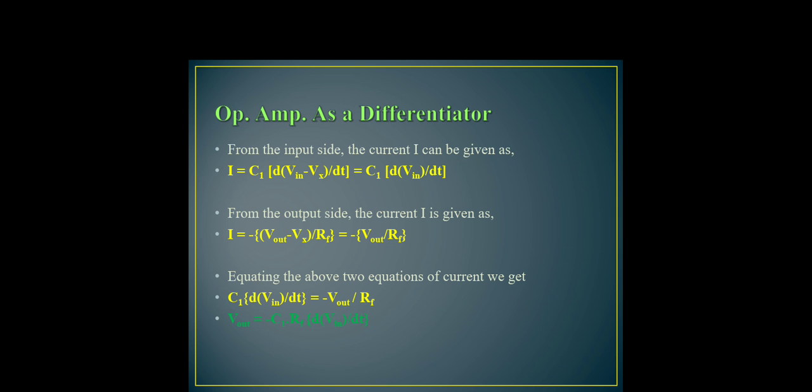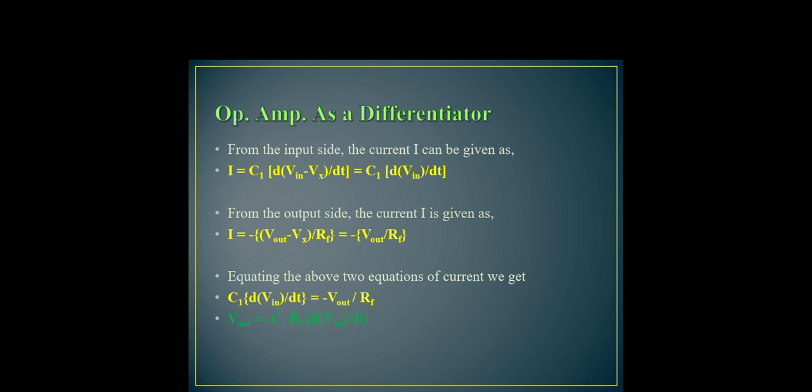Now let's equate the above two equations of current from the right-hand sides, and it becomes C1 dVin/dt = −Vout/Rf. Therefore, for the output voltage, we can write Vout = −C1 Rf (dVin/dt).